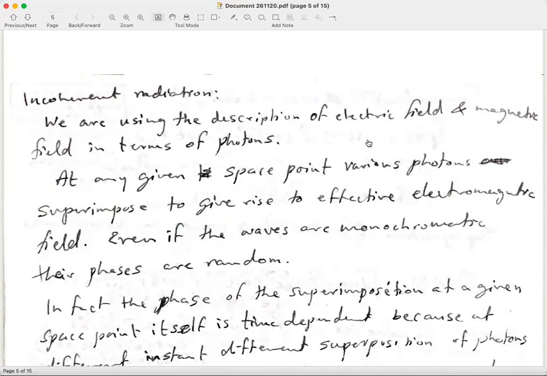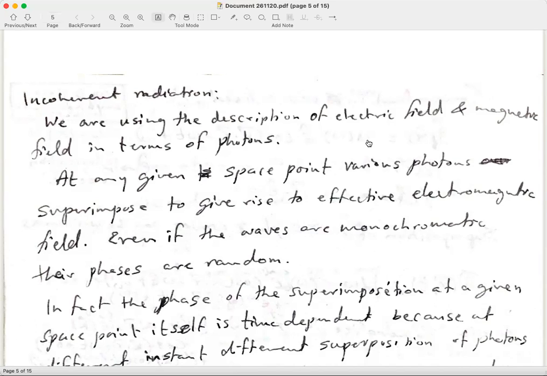So what you need to do is that you don't take the sum of the wave functions and take the mod square, but you take the mod square of each wave function and then add. Coherent sum versus incoherent sum corresponds to the following: if you take two wave functions just to get an idea, a coherent sum would be mod square of psi1 plus psi2.